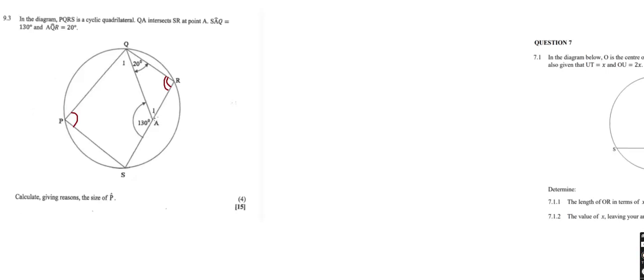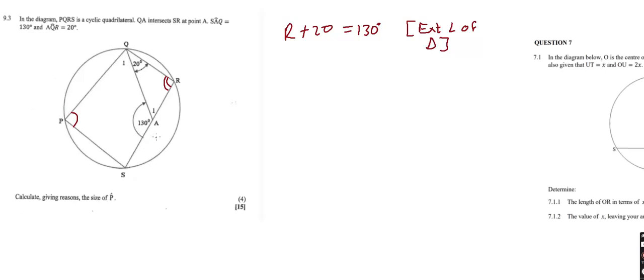If you look at triangle AQR, this 130 degrees is the exterior angle. So R plus 20 degrees, R plus this part of Q is actually going to be equal to 130 degrees because of the exterior angle of a triangle this time.